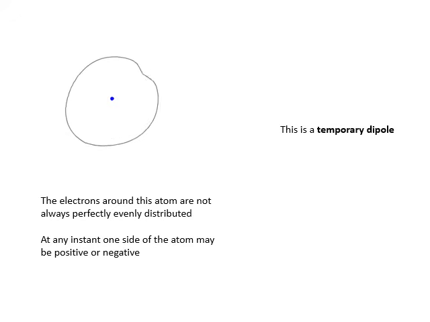So the electrons are not always perfectly evenly distributed. At any instant in time, you might have a dipole, where one side of the atom or molecule is negative and the other side is positive. So it's a temporary dipole due to the electron buzzing around like that.